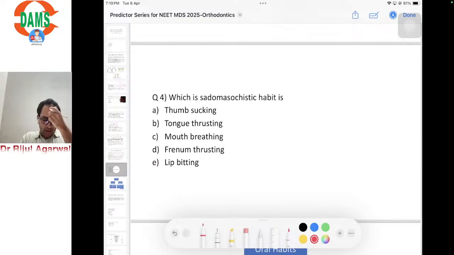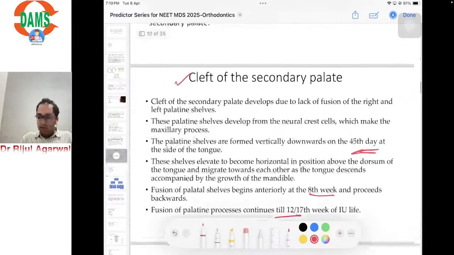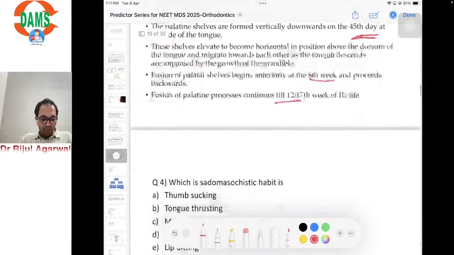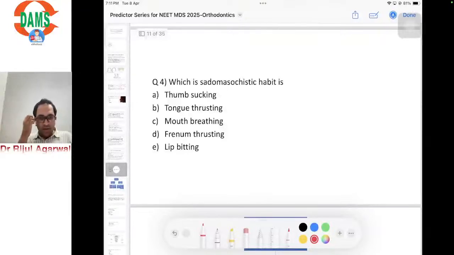I'm just covering the most common or basic things which are asked every time in your exam. These 3 questions have hardly been missed in any exam, be it INI or NEET; they twist and turn them, but they haven't skipped them. Okay, next, another previous exam question, which is a sadomasochistic habit.